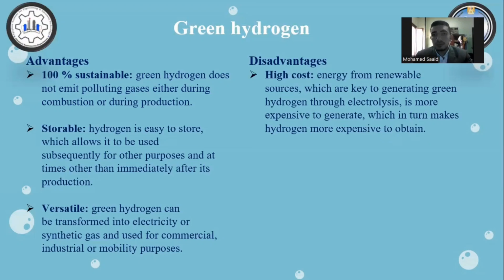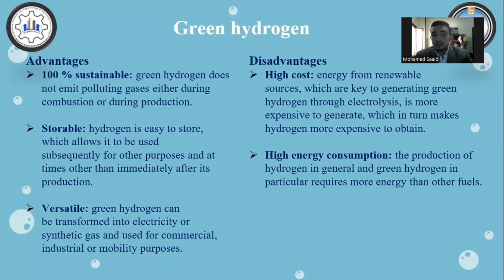The first disadvantage is very high cost. Energy from renewable sources, which are key to generating green hydrogen through electrolysis, is more expensive to generate, which in turn makes hydrogen more expensive to obtain.